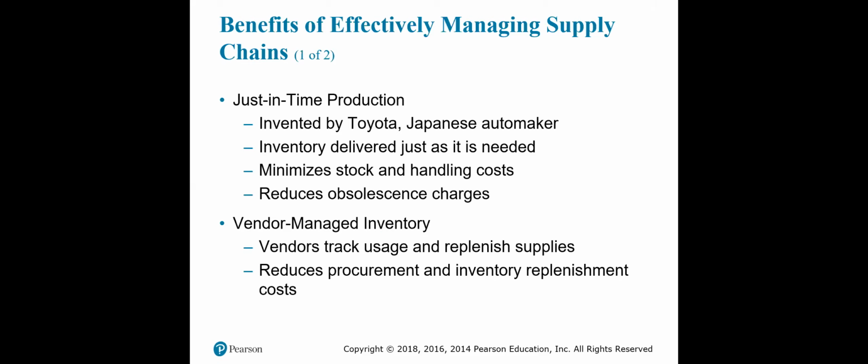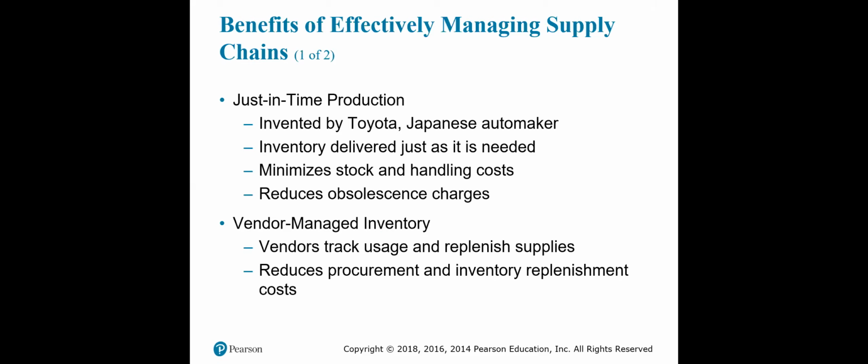For example, the vendors of Walmart are responsible for tracking the status of inventory and replenishing supplies. To make VMI possible, the manufacturer or retailer allows the supplier to monitor stock levels and ongoing sales data.